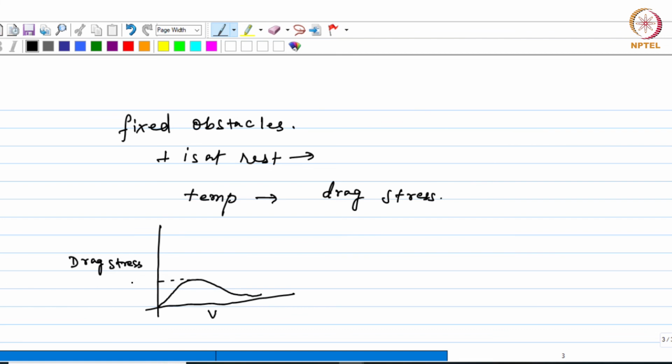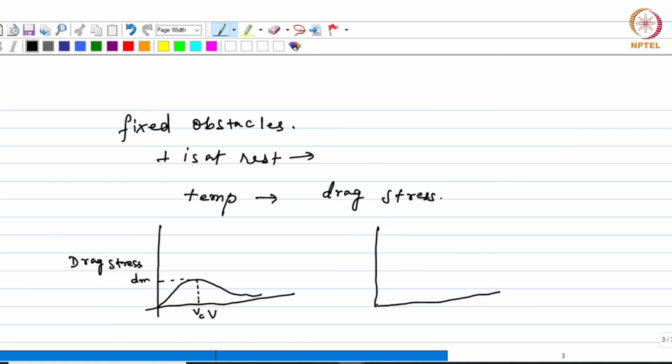So this is the maximum drag stress corresponding to a critical velocity of dislocations, which can be called Vc. When the temperature is increased, the dislocation velocity has to be increased, as I said, for the same maximum drag stress.